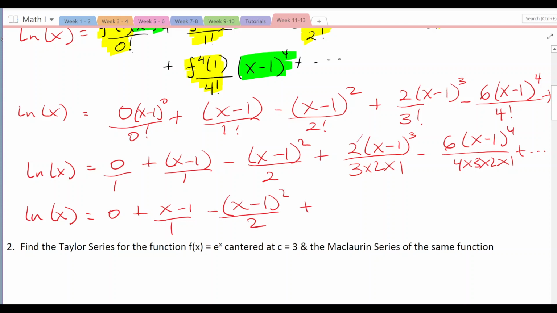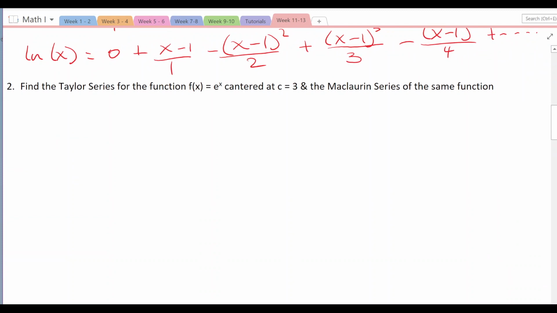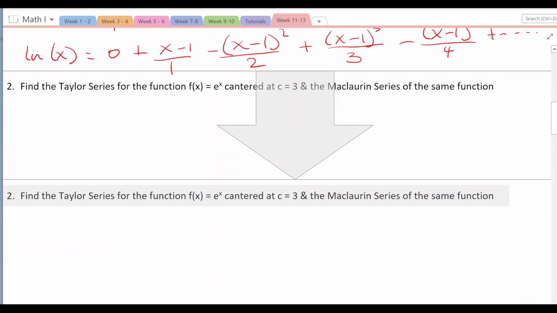In this case we can cancel this, and instead do it in green, cancel that with that, so we only have 3. And then again 6 is 3 times 2, so we have x minus 1 to the power of 4 divided by 4, not 4 factorial. Okay, we already remove all the factorial sign, which is a good idea, so that we can work out the patterns.